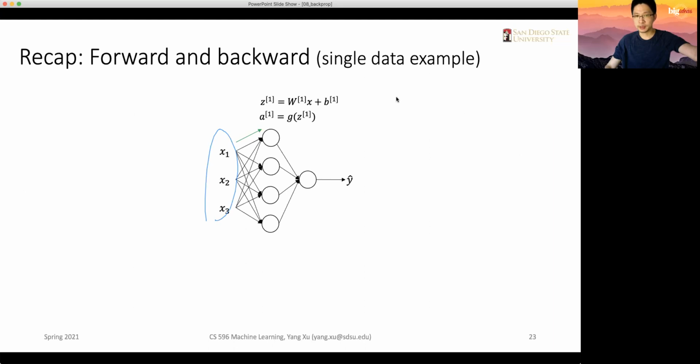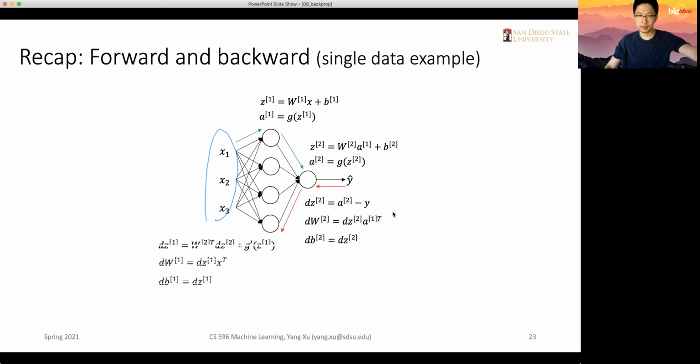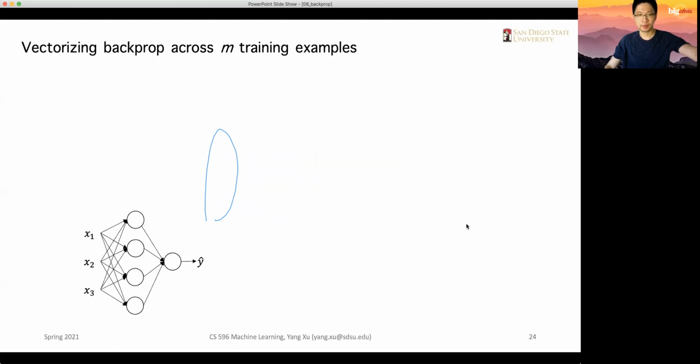The formula is like this: in the forward pass, we compute z and a, and a is used to compute z2 and a2. In the backward pass, we first compute dz2, dw2, db2, and then we compute dz1, dw1 and db1.